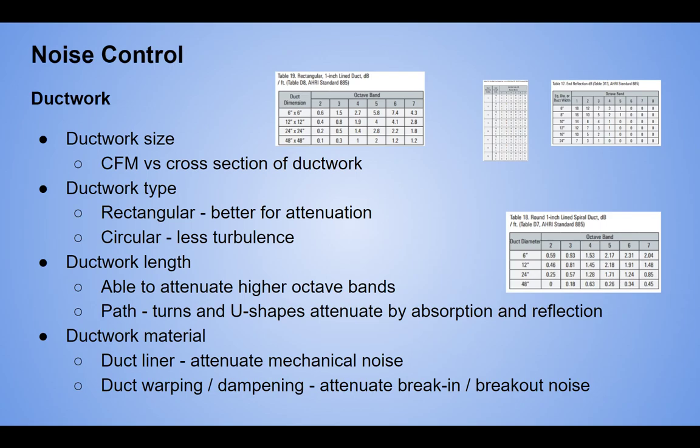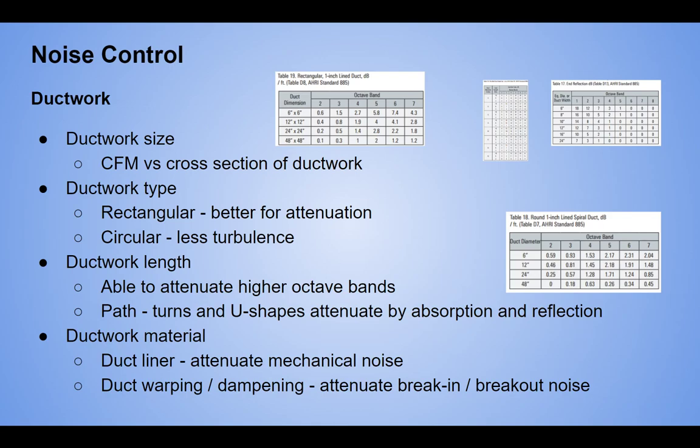You can get away with 800 in branch ducts that are in an acoustic sensitive room. But ideally, if you're in your acoustic sensitive room, you want to be around 180, 200, 150 ideally, in that range.